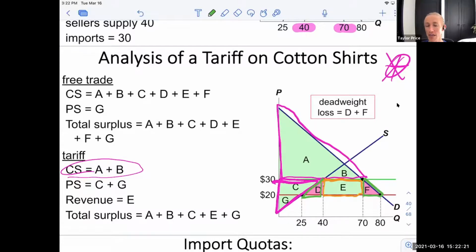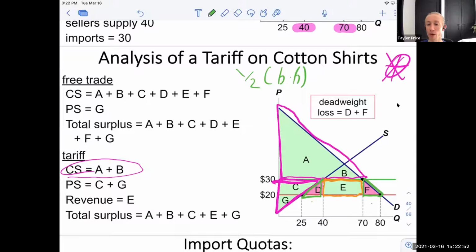And I will just say an important caveat with this. When you're computing deadweight loss, it's still the same formula: the 1/2 base times height formula that we use to find consumer surplus, producer surplus, and prior deadweight loss. But it is not always the case that D and F are going to be the same size.